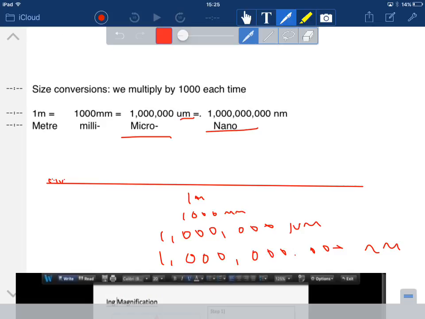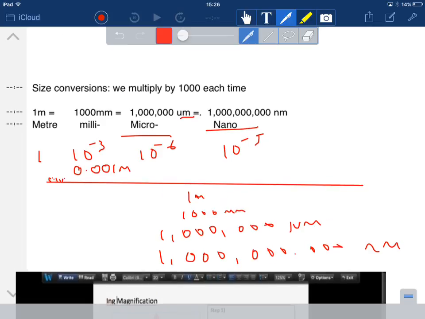The way we write these, you know this from your maths, is 10 to the minus 3, 10 to the minus 6, 10 to the minus 9. And that means that we have to move the decimal point that many places to get to 1 again. So if we have 1 millimeter, it's 0.001 meters.